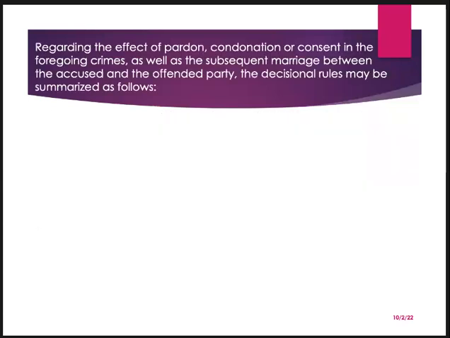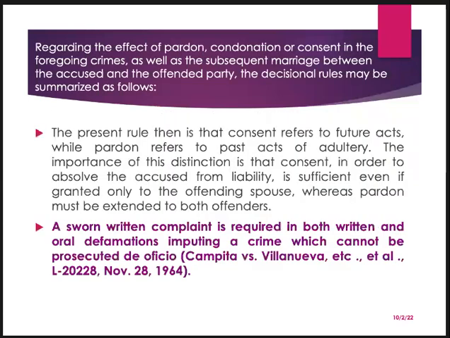Now, okay, tiwason lang ni nato, okay? In previous cases on adultery, the distinction between consent and pardon by the offended spouse was not clear. Thus, in People versus Ginukod, the Supreme Court held that consent refers to the past commission of the offense.